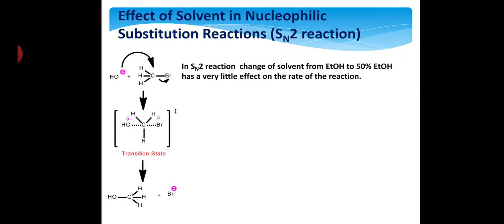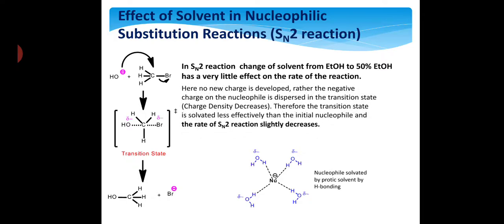Hence, the charge density decreases. Therefore, the nucleophile is stabilized more by the solvent rather than the transition state, and hence the rate of the reaction decreases. This we will understand better when we will look into the energy profile diagram.